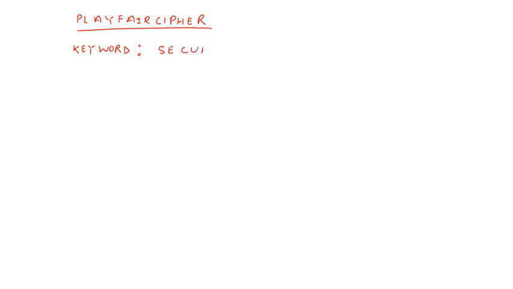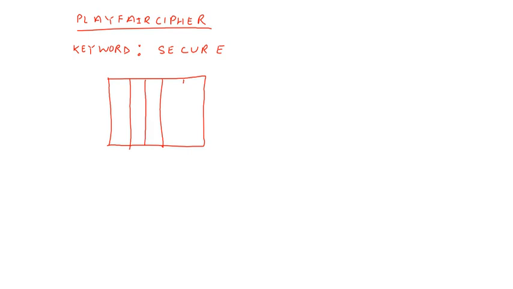So when the keyword is secure, we have to make a 5 by 5 matrix using this keyword. Let me create the matrix first. So this is the 5 by 5 matrix for keyword secure, and now we are going to fill this matrix.